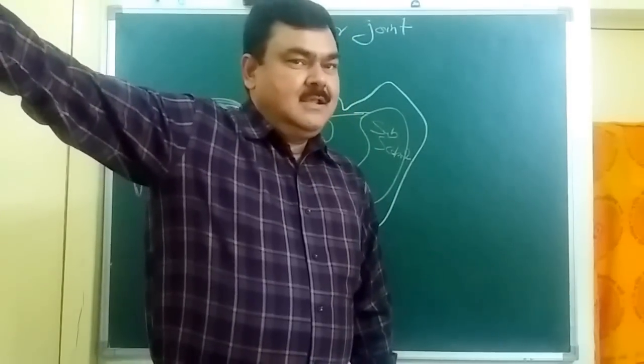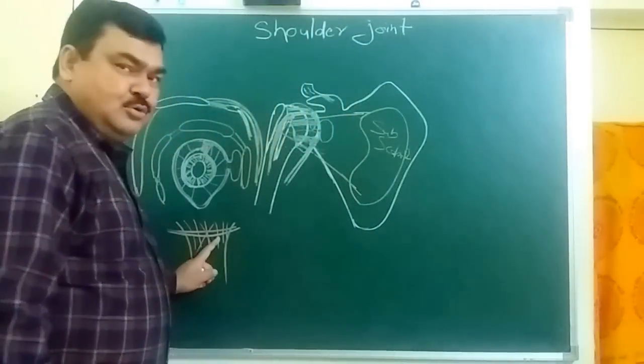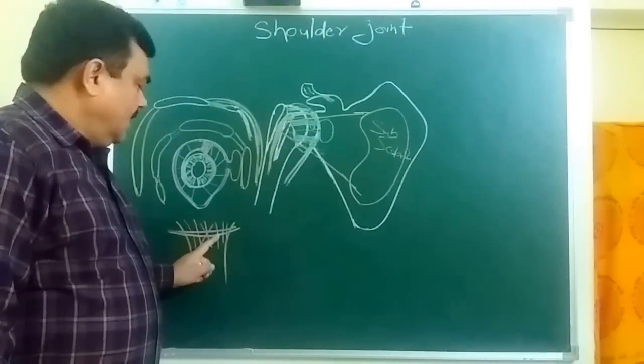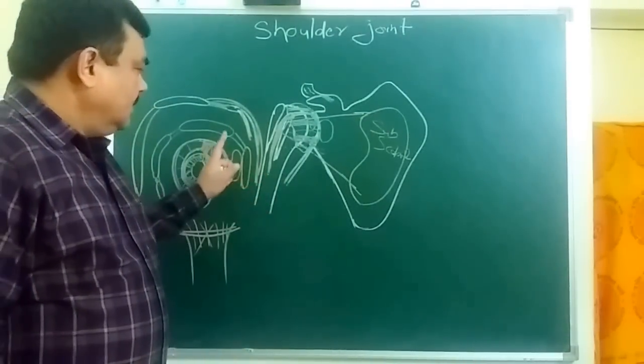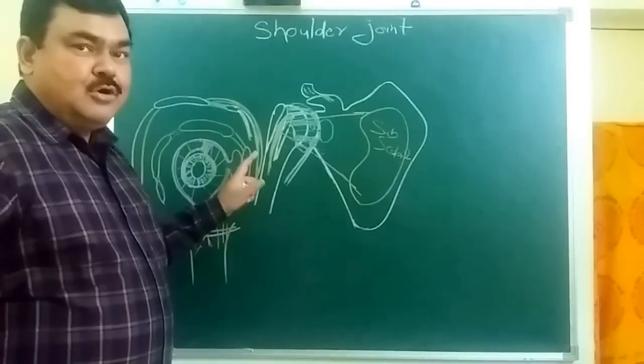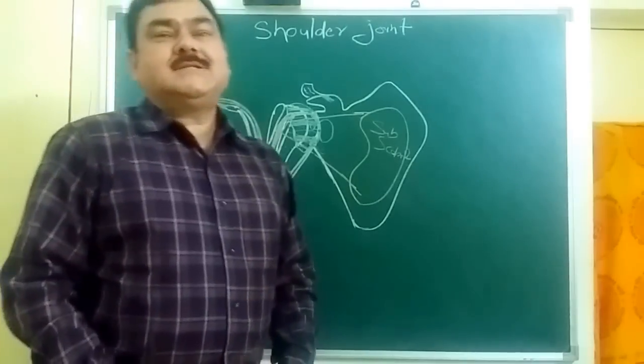So abduction between 15 to 90 degrees becomes affected due to injury of the axillary nerve. So this is about the shoulder joint. Now movements at this shoulder joint.